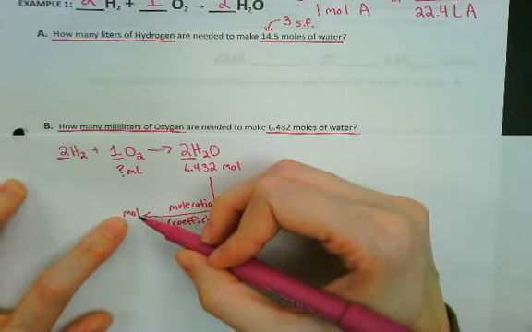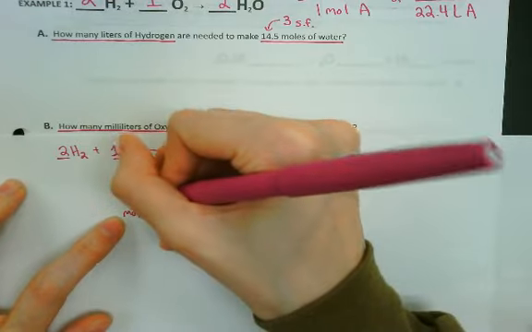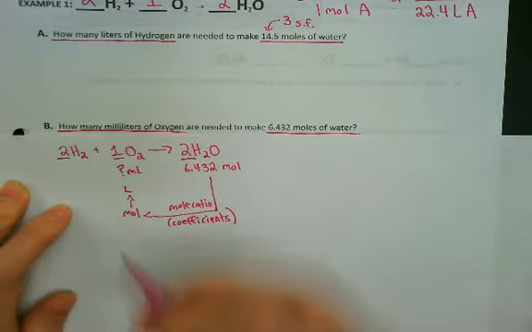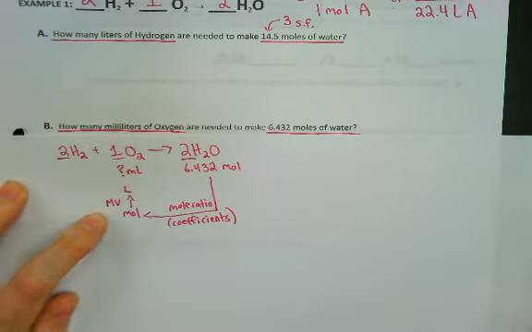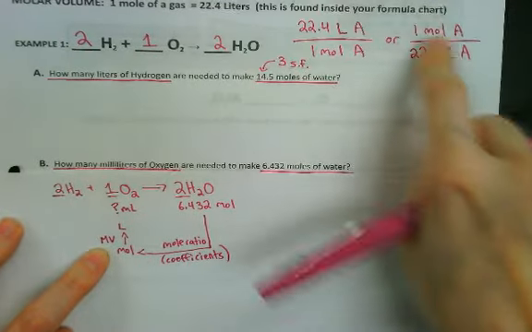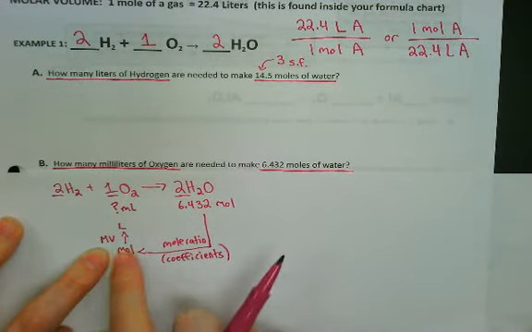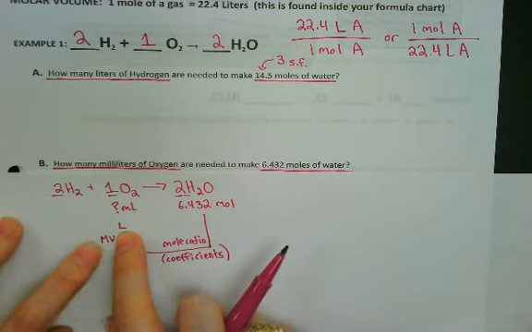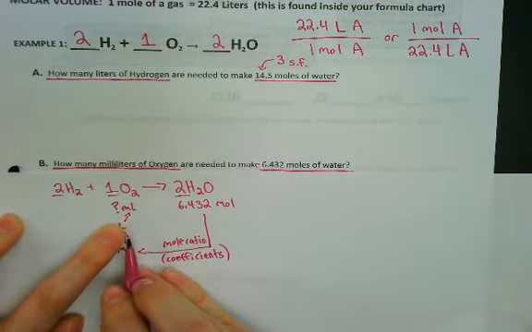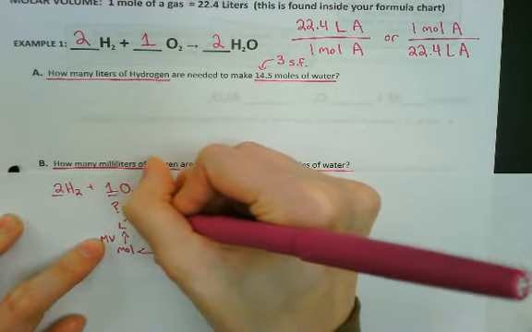Once I am in moles of oxygen, I can use that molar volume conversion to get to liters of oxygen. So I'm going to make myself a note here that I can use the molar volume conversion, this up here, to get from moles to liters. And then finally, I can get from liters to milliliters using a metric conversion.